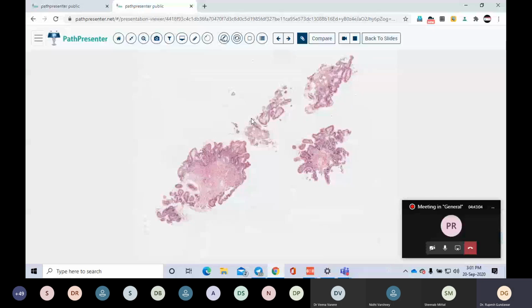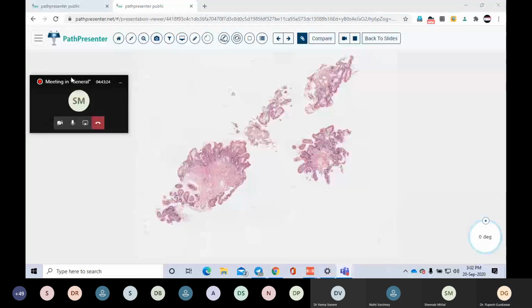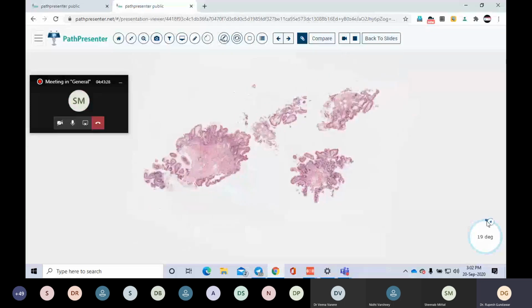So I just want to show this figure to you. This is again one of the cases of malabsorption. Is the biopsy properly visible?